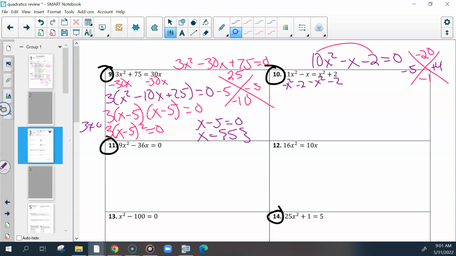But in this case, because we multiplied, we're not going to go straight into our factors. We need to rewrite into 4 terms. So this would be 10x squared minus 5x plus 4x minus 2.